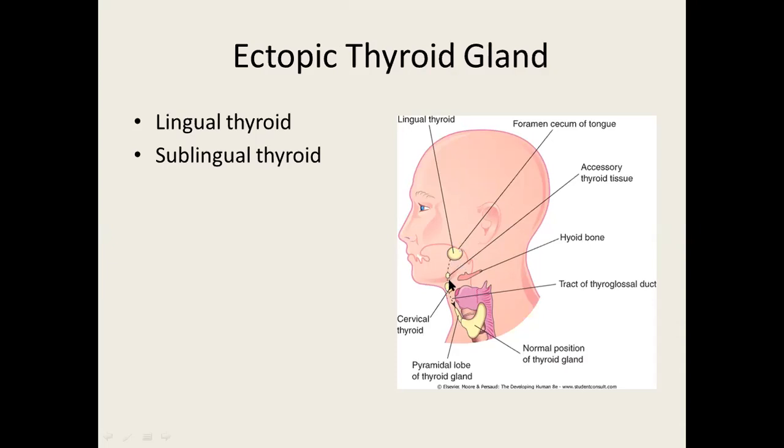Then there may be an infrahyoid or cervical thyroid, when it is present just below the hyoid bone. So when the descent of the thyroid is hampered along its normal course, earlier than it reaches the laryngeal cartilages, it gives rise to an ectopic thyroid gland.